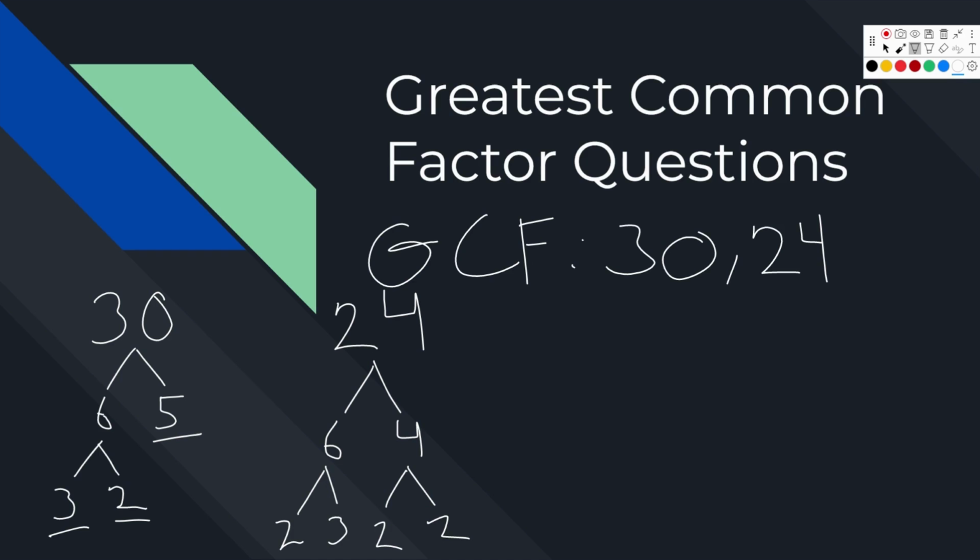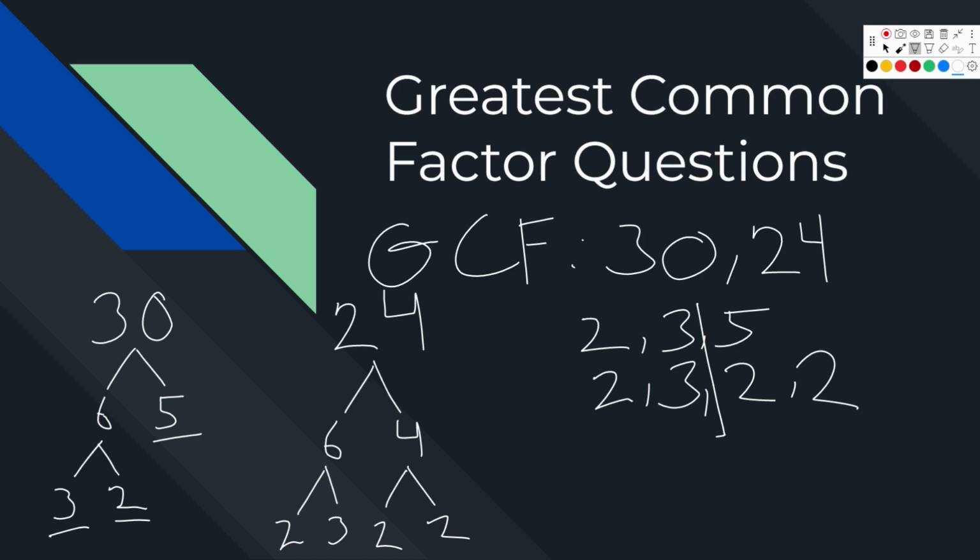Now we're going to put the factors for each of these numbers side by side. So for the first, we got 2, 3, and 5. And for the second, we got 2, 3, 2, and 2. And what we do at this stage is we match up the factors between both terms. So these factors match up with each other.